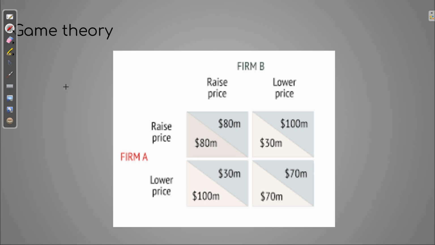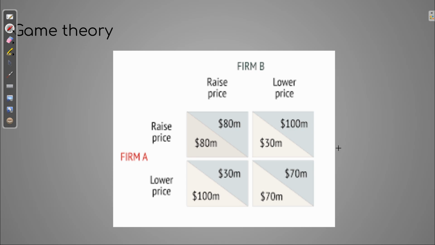So okay, how do you find out where the best place is to operate using game theory? In game theory, firms will sometimes, not always, have a dominant strategy, but there will always be a Nash equilibrium. The Nash equilibrium is where both firms operate dependently of each other.